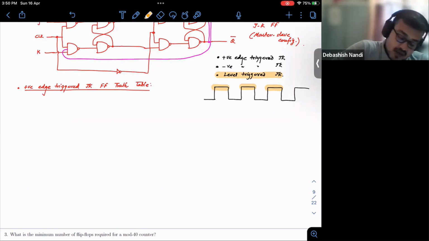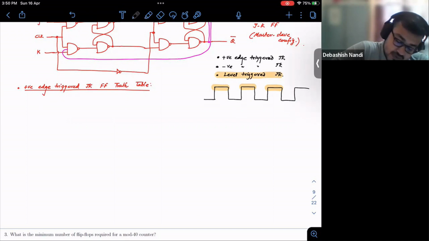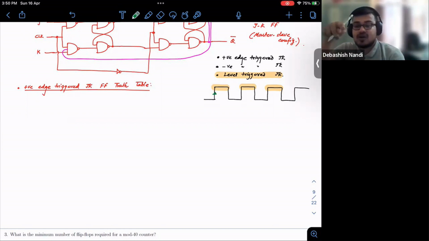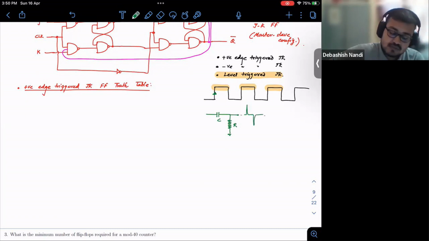Fine. Now, suppose you are seeing only at the clock edge, that means whenever your clock is at the positive edge. The way you can make the circuit is that suppose you have a capacitor and a resistance. Okay, so you can have your output something like that.